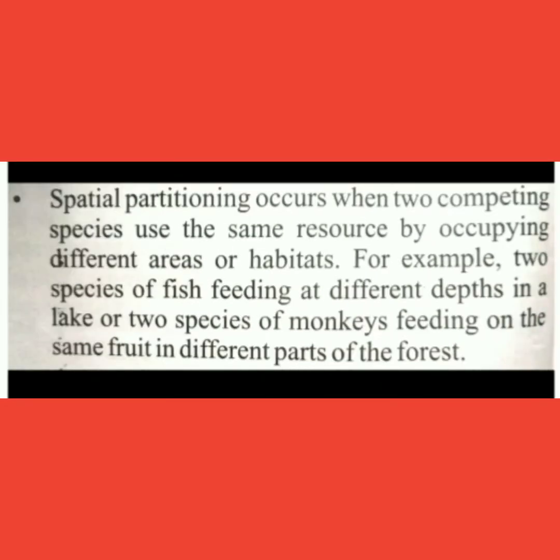Next one is spatial partitioning. It occurs when two competing species use the same resource by occupying different areas. So, in the temporal one, we just read about different times, and here spatial partitioning is about different areas or habitats.